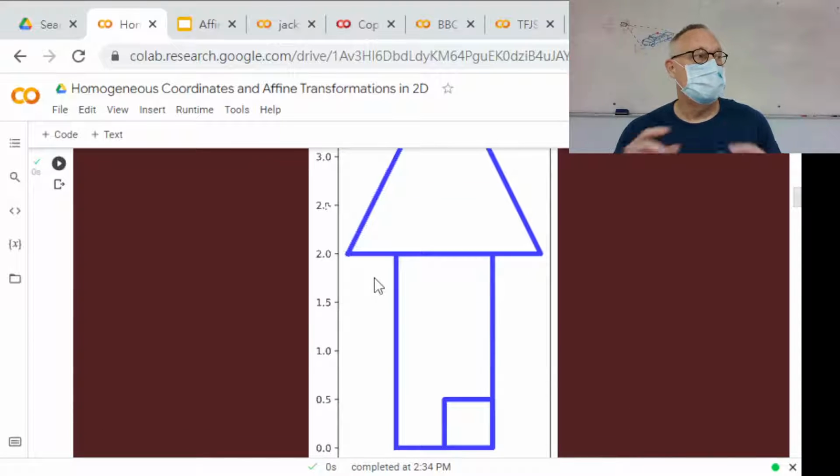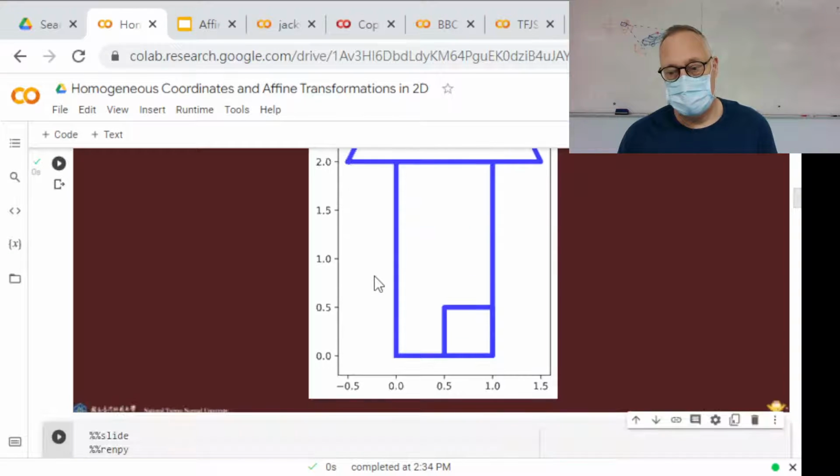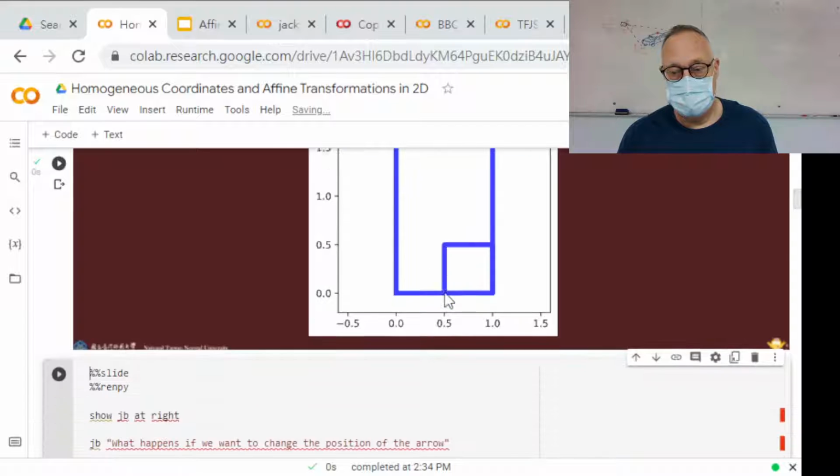So now I have a little arrow that I can draw, and it looks like this. So it's located, 0, 0 is here, and then points off.